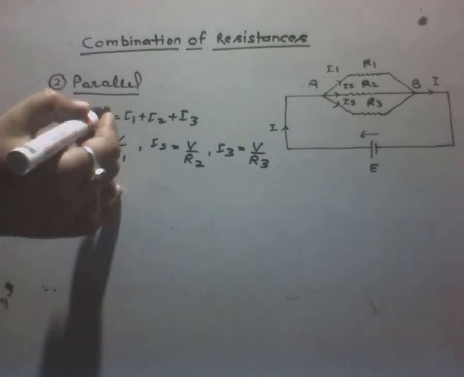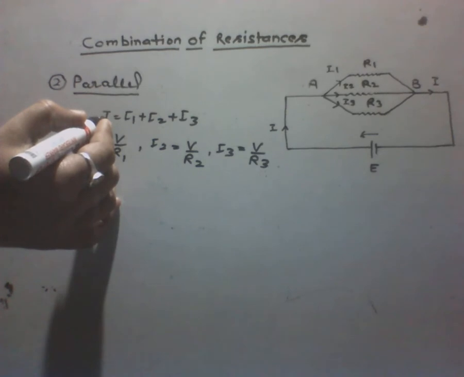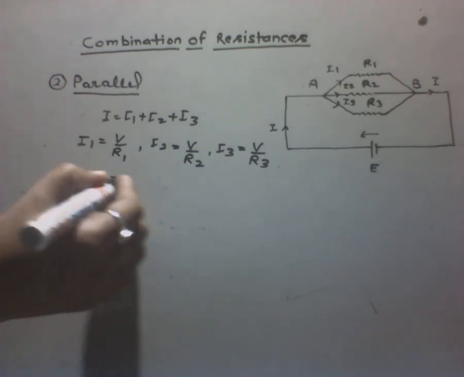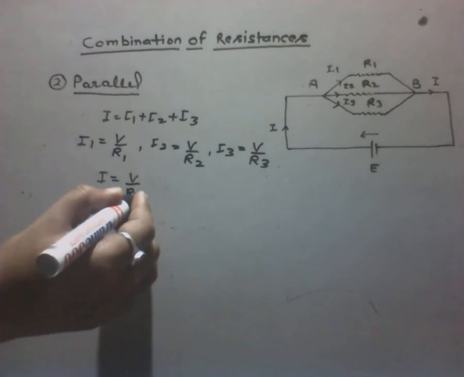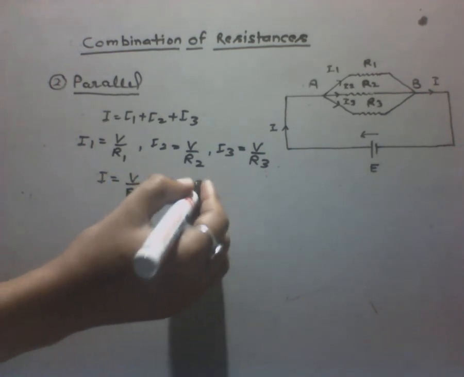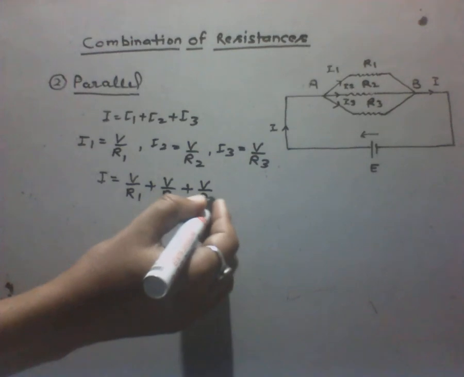Substituting these values in the above equation, we get I is equal to V upon R1 plus V upon R2 plus V upon R3.